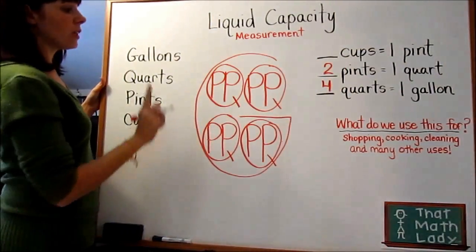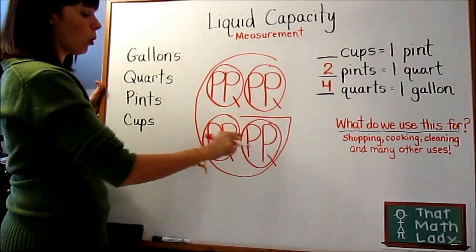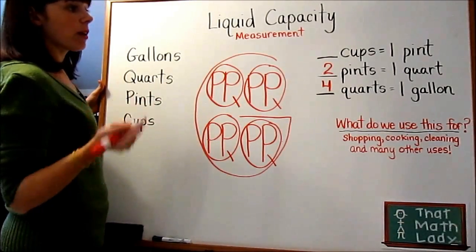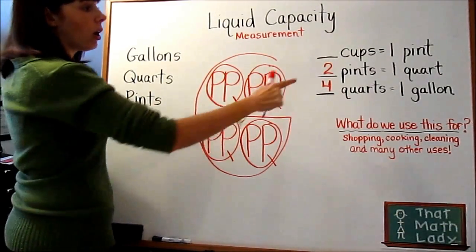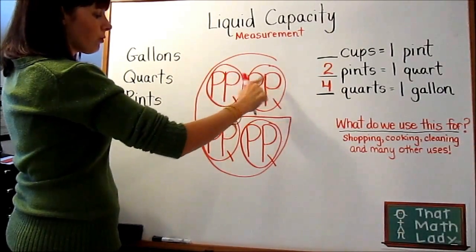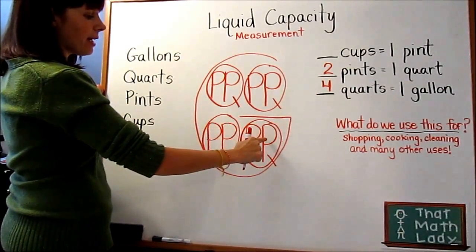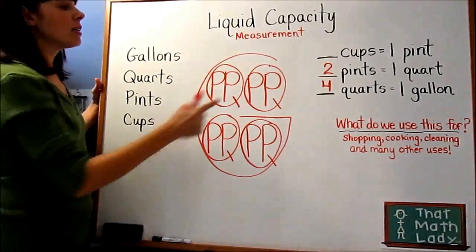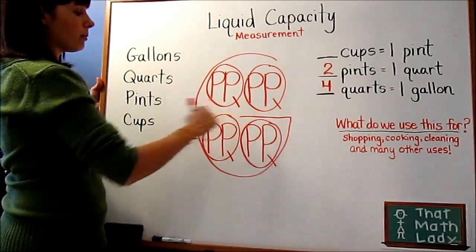So if 2 pints fit in 1 quart, and there are 4 quarts in 1 gallon, to figure out how many pints are in a gallon, all you do is just times 2 times 4. 1, 2, 3, 4, 5, 6, 7, 8. So there are 8 pints inside of 1 gallon.